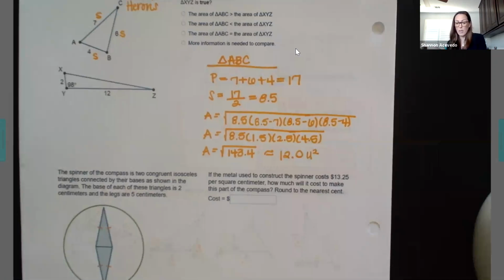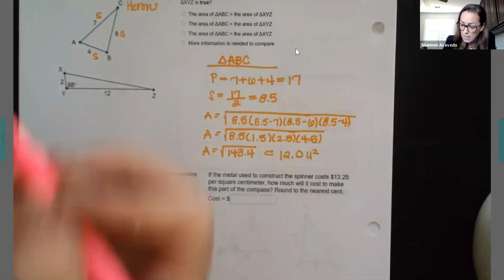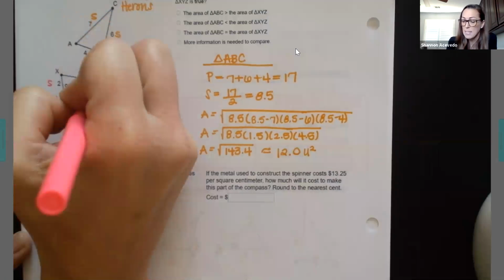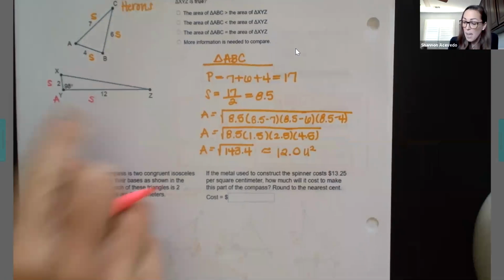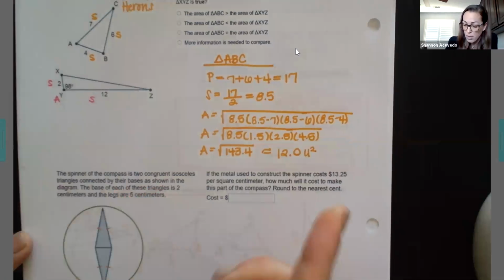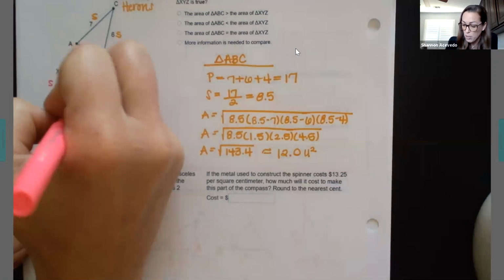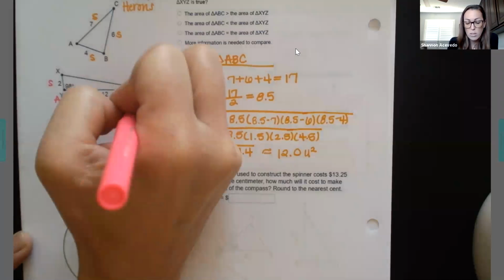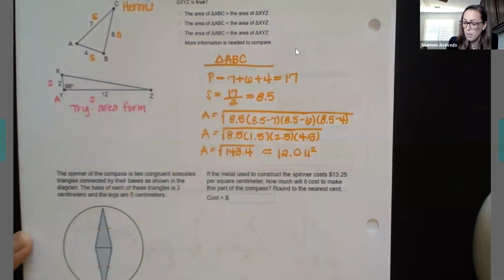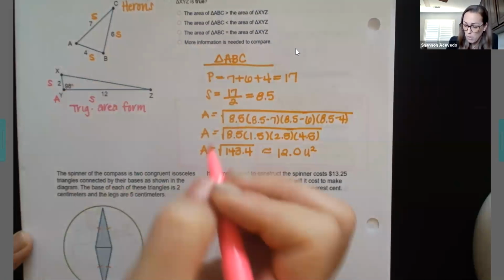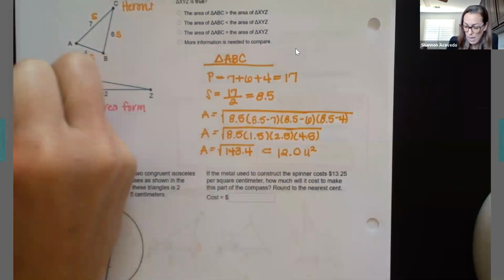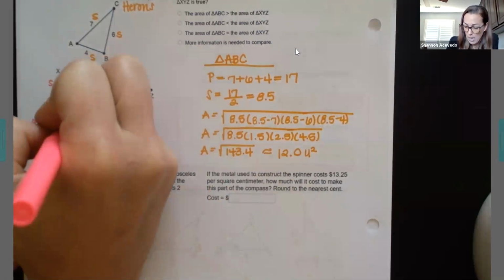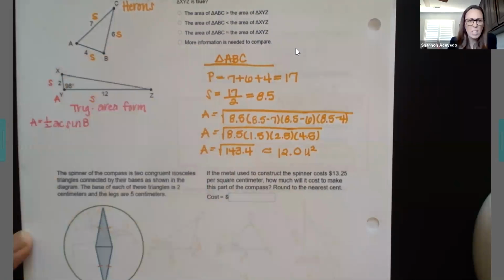My second triangle here, I look here and here's a side, an angle, and a side. So this is an SAS triangle. That means that we're going to use our trigonometric area formula. Just as a review, because we haven't worked with that one yet, that formula was A is equal to 1/2 AC, and we said sine of B. What do these letters mean?